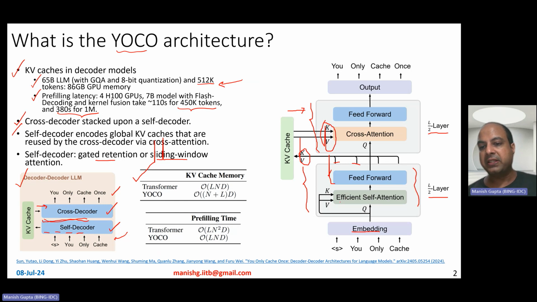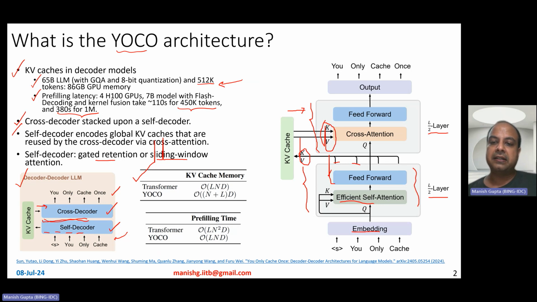Now, in YOCO, the self-decoder is effectively an efficient self-attention mechanism. Okay, so it means that rather than using quadratic attention computations, it just uses linear kinds of computations. Okay, that's one.